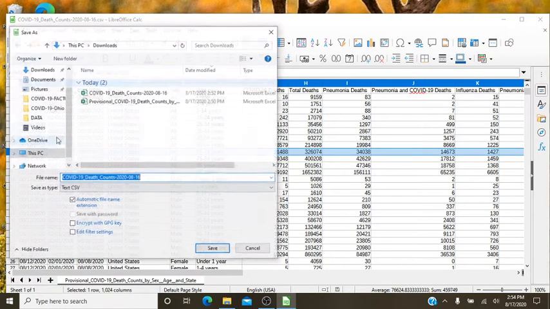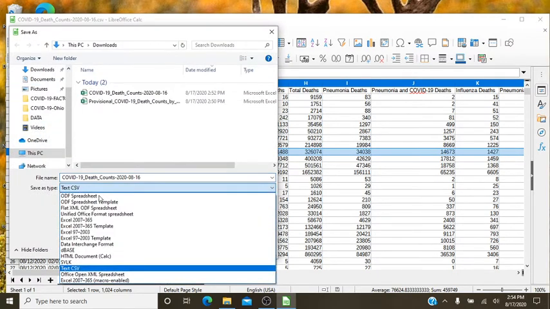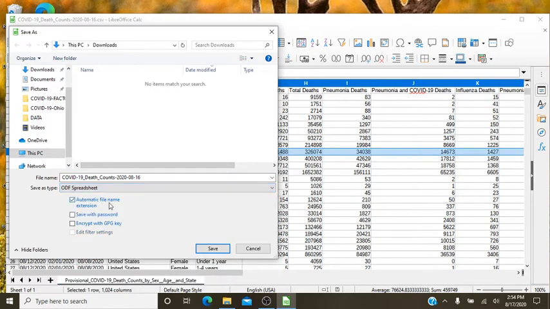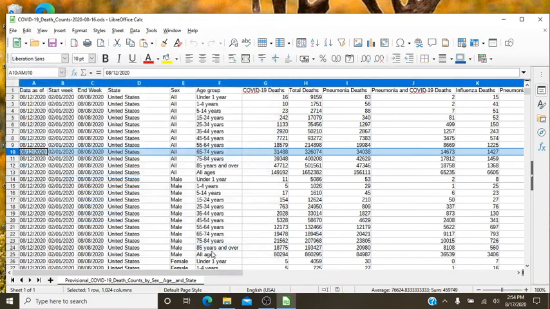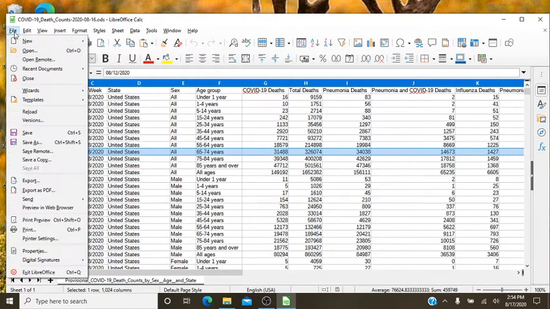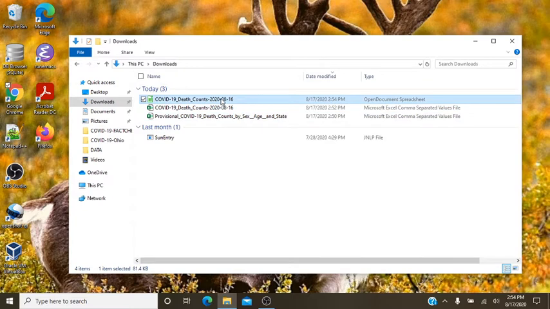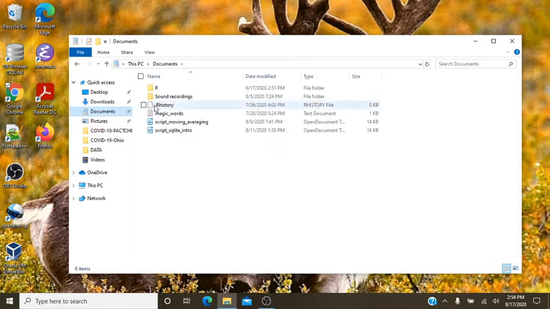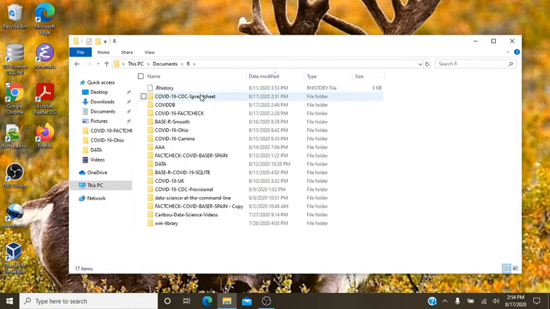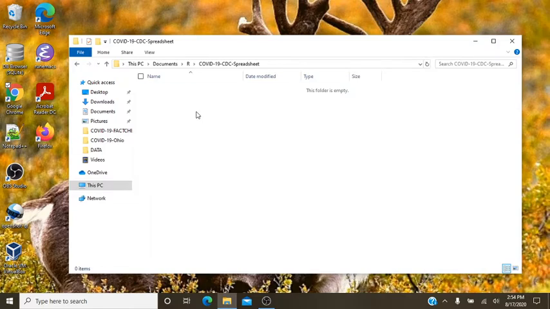Let's save this as a spreadsheet. Now let's move this spreadsheet to our repository folder here just for convenience.